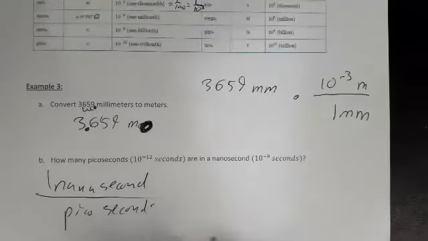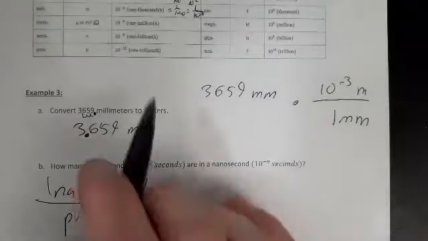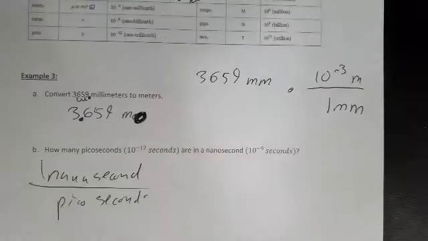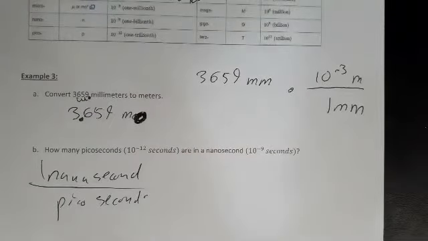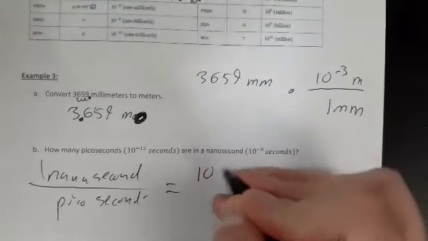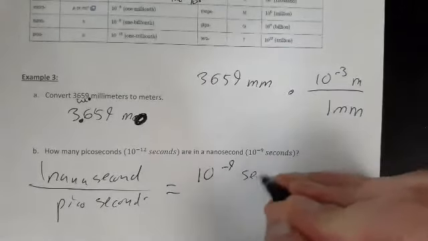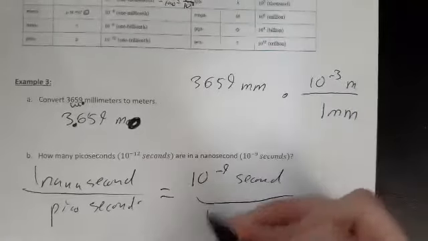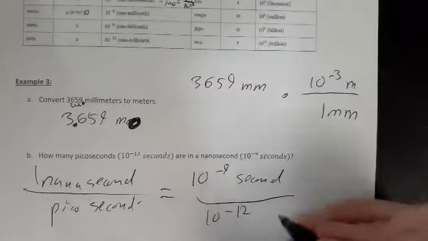You could probably count the difference between the two numbers, minus 9 to minus 12. That might be a quick way. But if we look at this, this is 10 to the minus 9 seconds, and this is 10 to the minus 12 seconds.